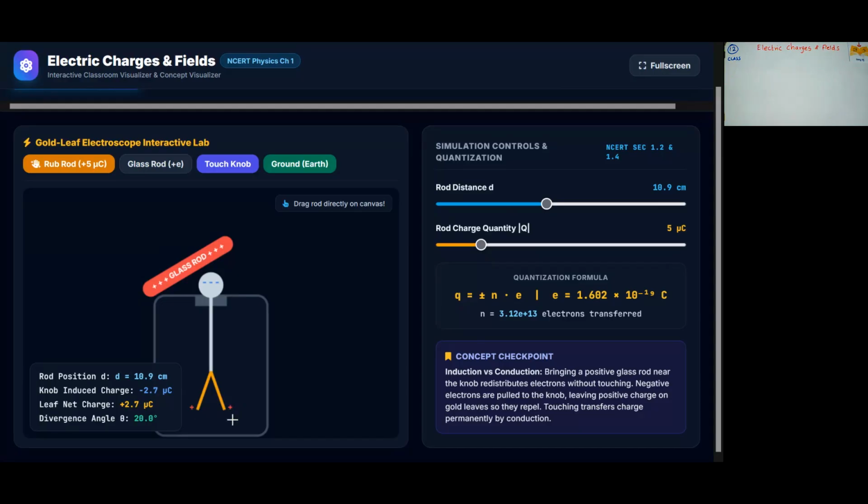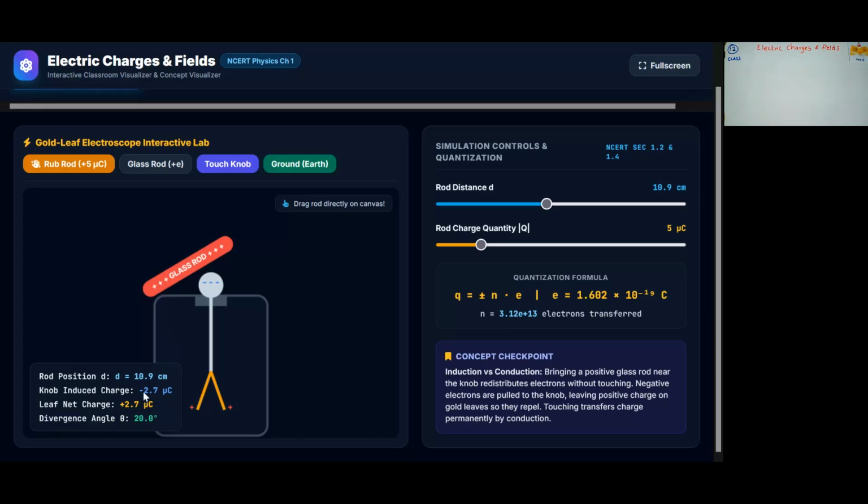Here you can see the leaf net charge is plus 2.7 microcoulomb.